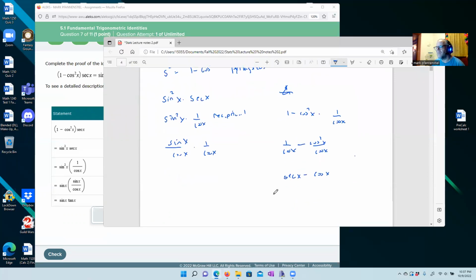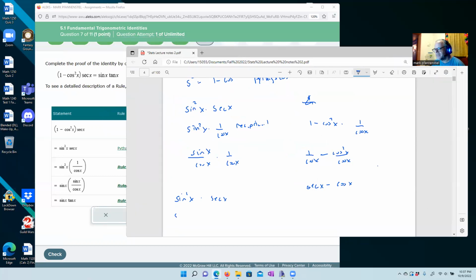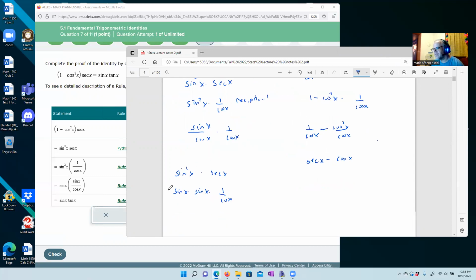We've got sine squared x times secant x, and what are we trying to look for? I've got it. This is sine x times sine x times secant, which is really 1 over cosine x. So that's really going to be sine x times tangent of x. Sine over cosine would be tangent.